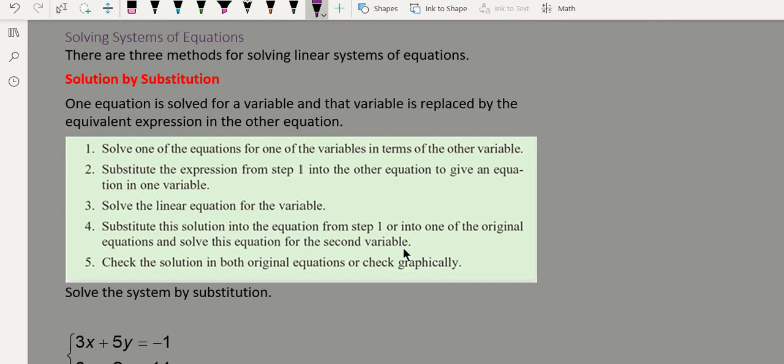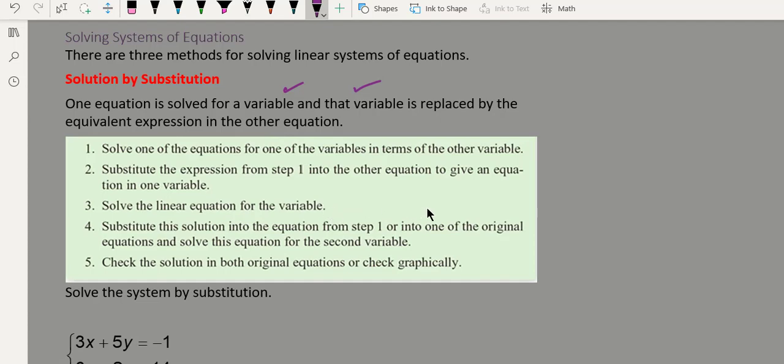So in solving for these systems of equations, there are three methods. Again, I said we can do it graphically, by elimination, or by substitution. Right now, we're going to do substitution. Substitution says you solve for one variable and then you take that variable and replace it into the other equation, and then you solve for a particular variable.